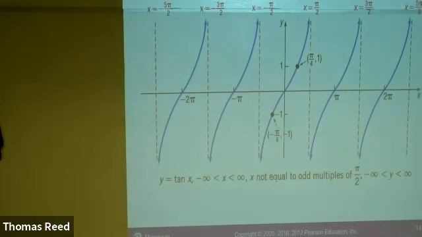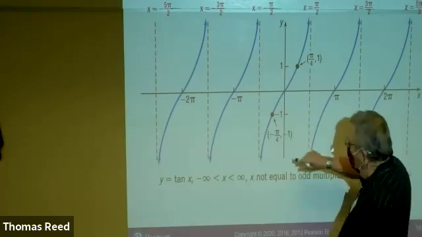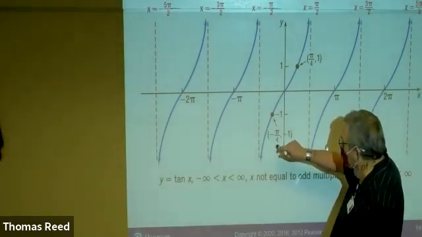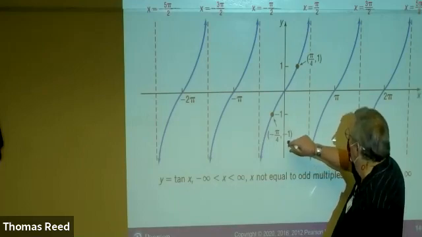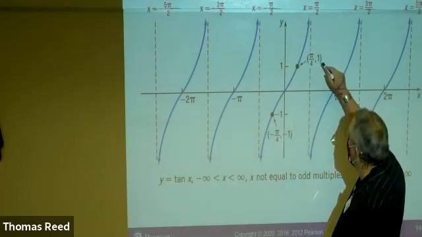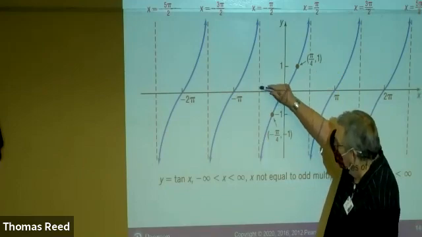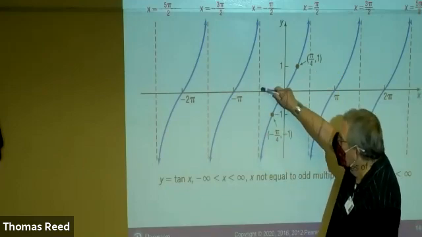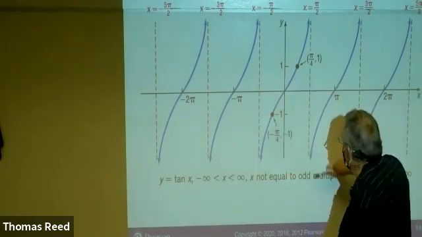The key points here are negative pi over 4, negative 1, pi over 4, 1, and the asymptotes at negative pi over 2 and pi over 2.